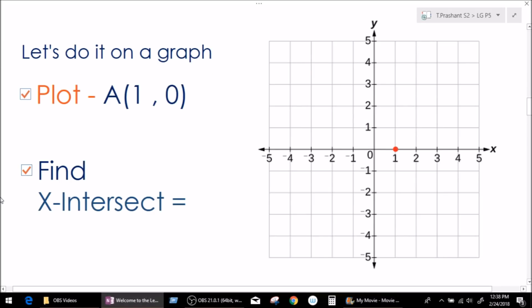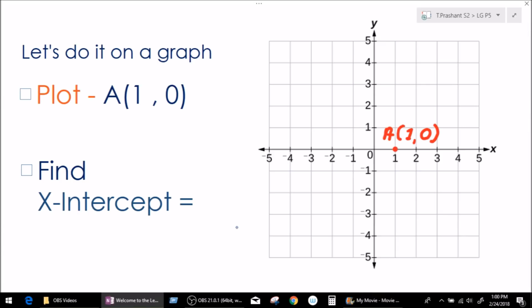Now let's do the same thing that we just did, but this time let's do it on a graph. So let's plot our coordinate A and find out the value of x-intercept at that point. Our coordinate A is right here. So let's mark our coordinate really quick. As we can see right here, the value of x is 1 and value of y is 0. Now what is x-intercept? X-intercept is the value of x when value of y equals 0.